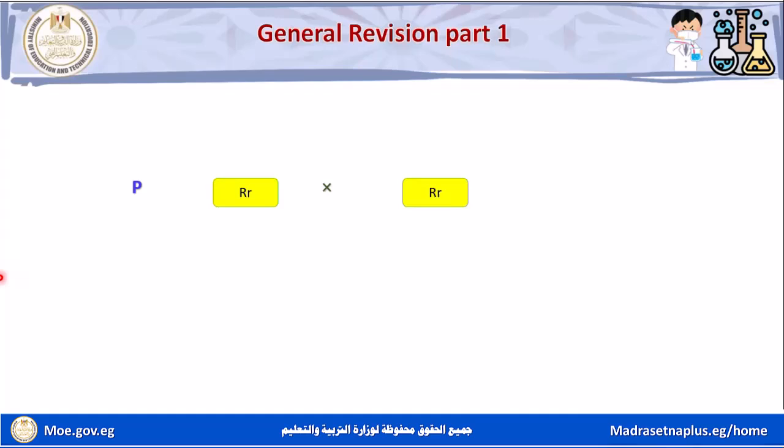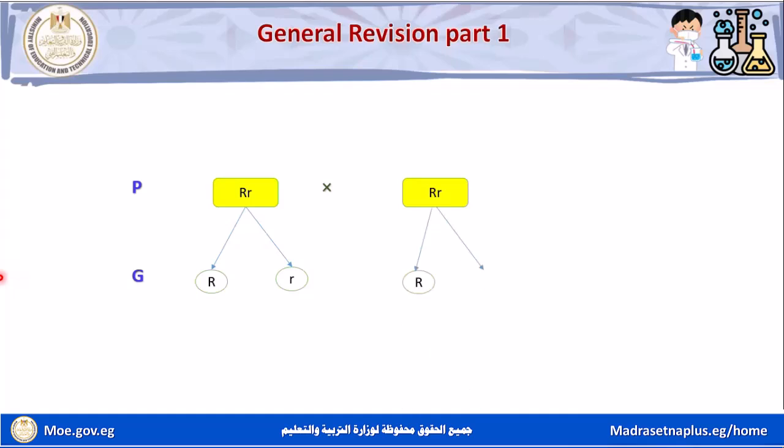Parents: R capital R small. Matching our cross: R capital R small. Gametes: R capital, R small, R capital, R small.